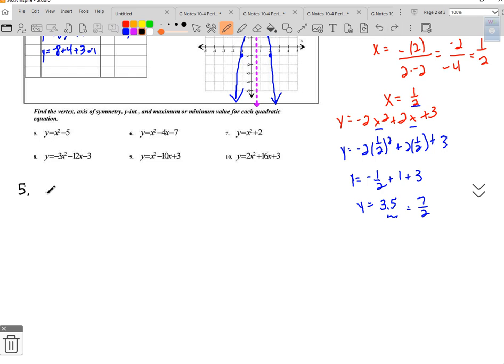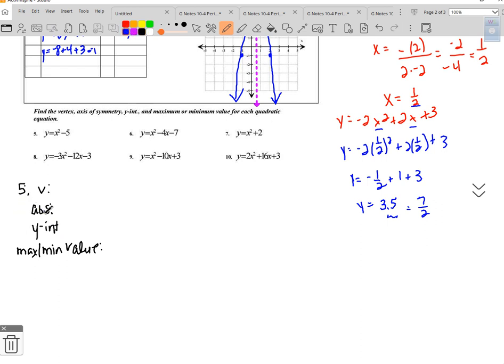So we need the vertex, the axis of symmetry, we need the y-intercept, and max or min and the value. So we're going to tell whether it's a maximum or minimum, and give the value. So vertex, axis of symmetry, y-intercept. Okay, so here we go.